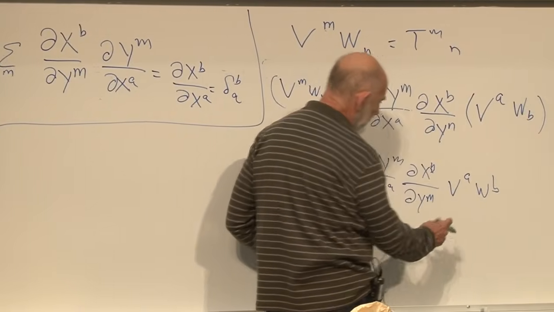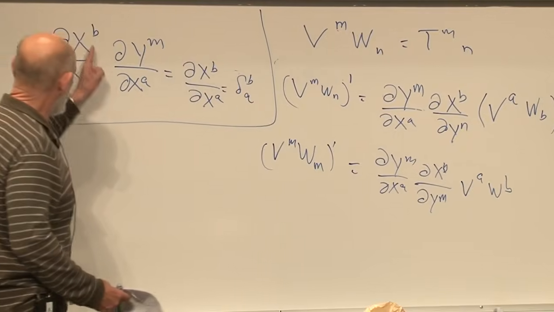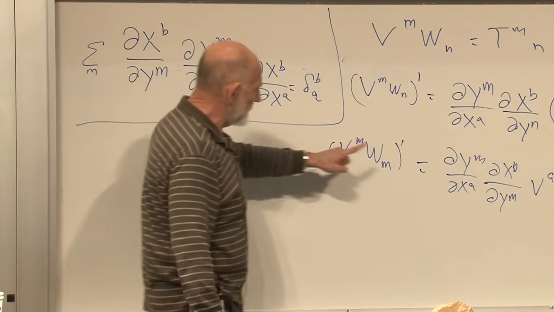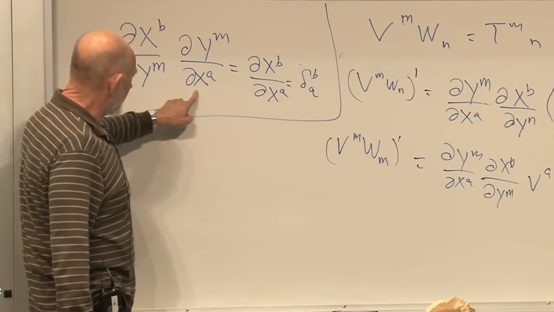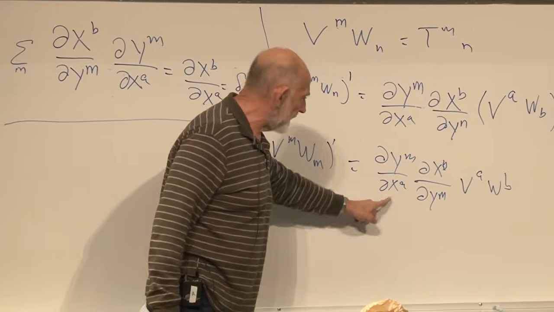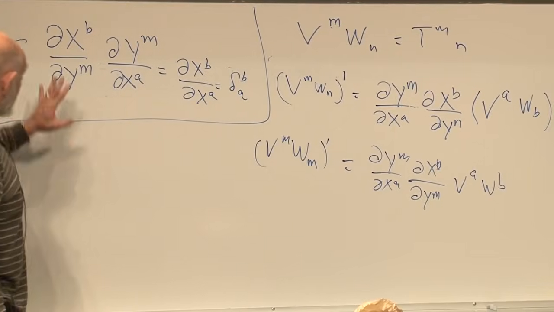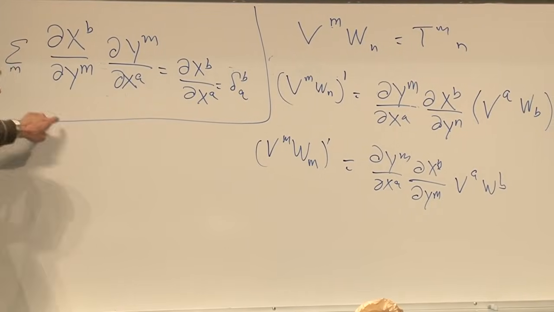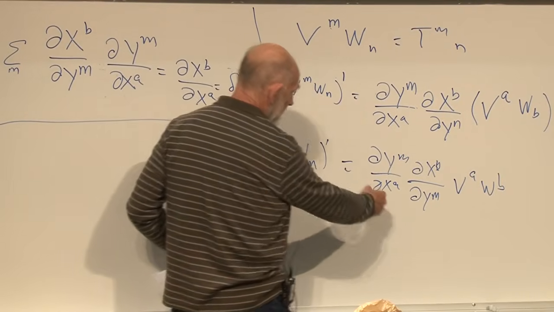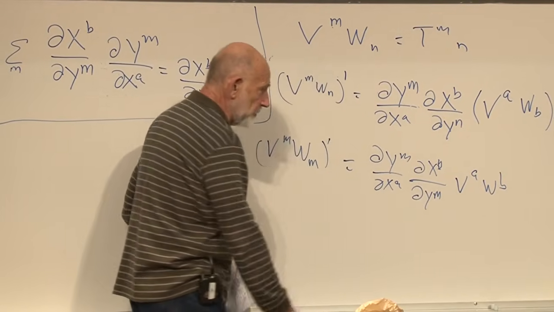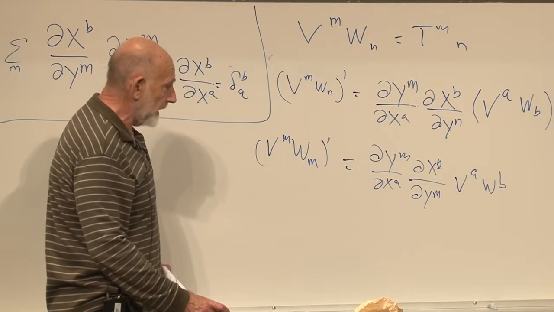I've written them down in opposite order. Here is dx^B by dy^M, here's dx^B by dy^M. Here's dy^M by dx^A, here's dy^M by dx^A. And so I have exactly this combination appearing, and that's just delta^B_A. So this monstrosity over here is just delta.